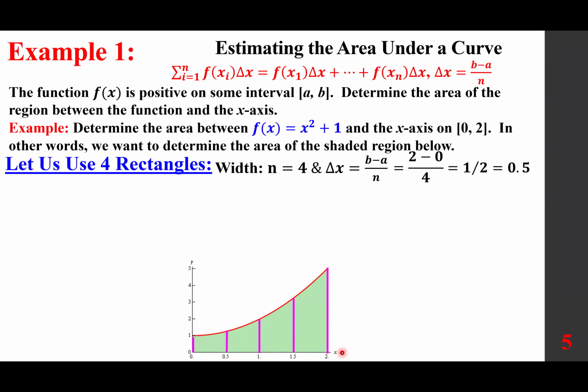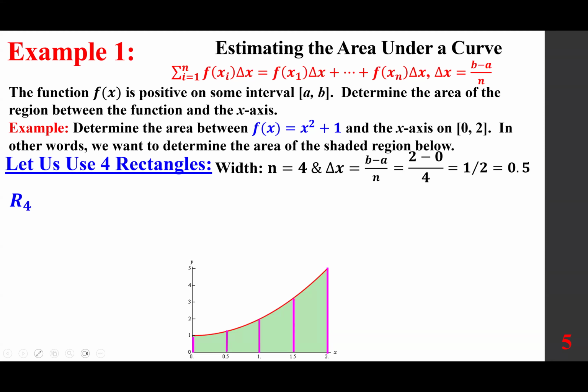We can see that delta x, the width, is fixed, but what is the height? Well, you can choose the height to be the right endpoints, the left endpoints, the midpoints. For example, R4, R stands for the right, 4 stands for the number n. So let's go with the right endpoints.